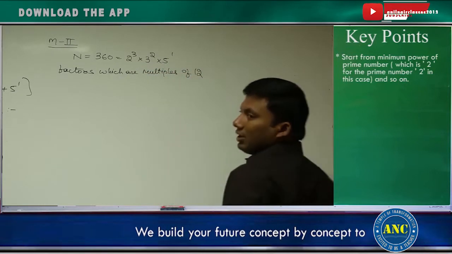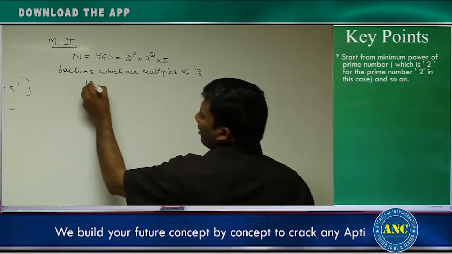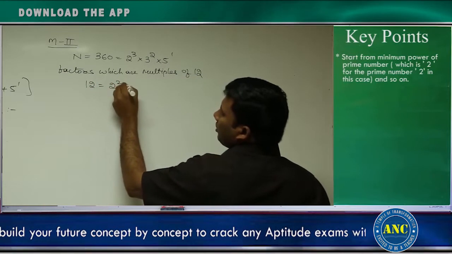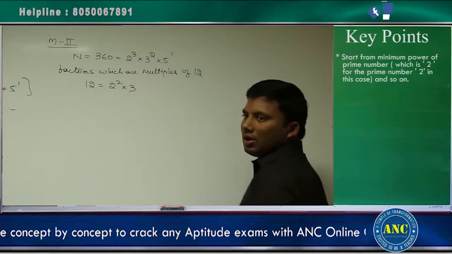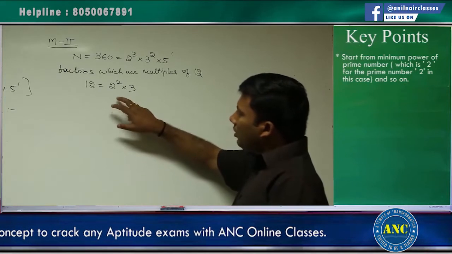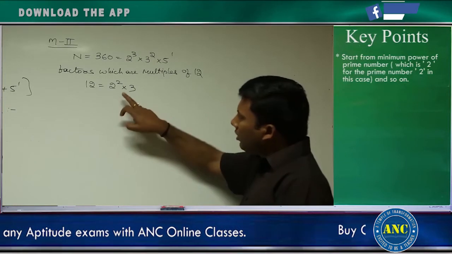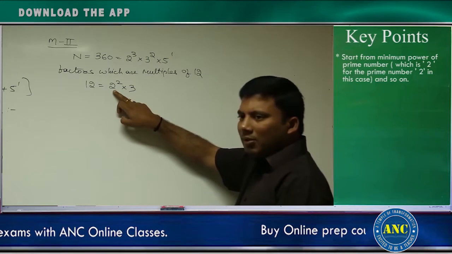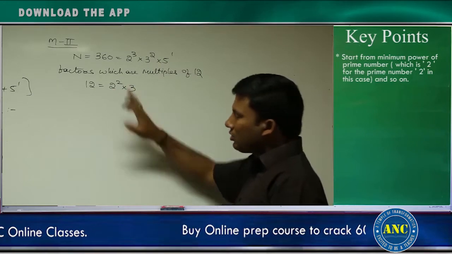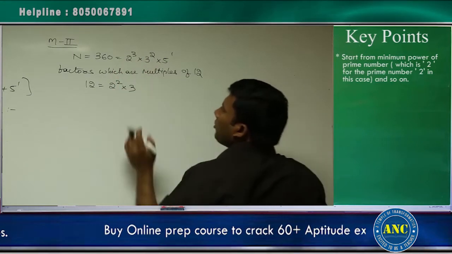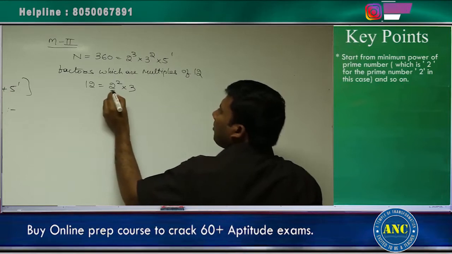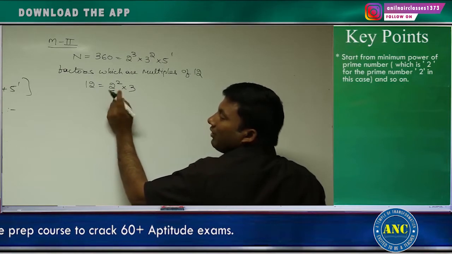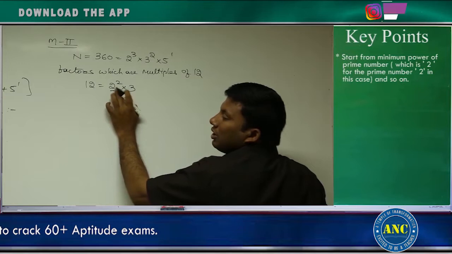Now, see here. 12 is nothing but 2 square into 3. Now see here. If you multiply any number by 12, in 12 what is the minimum power of 2? 2 square. So, instead of starting from 2 power 0, any multiple of 12 will have minimum power of 2 as 2 square.